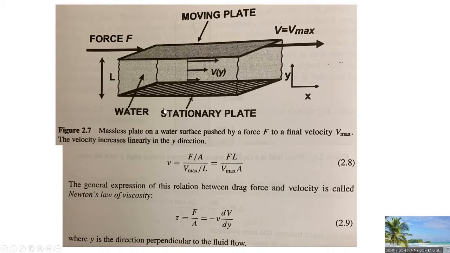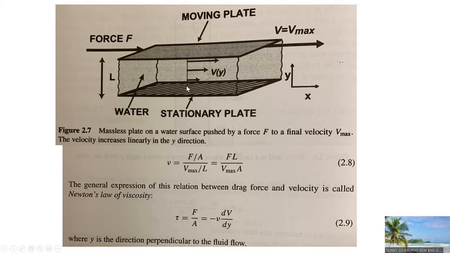Then we pull the plate with a force F, resulting in the plate moving at the velocity V max. As a result, the water molecule attached to the surface of the plate will be moving at the maximum velocity, V max.